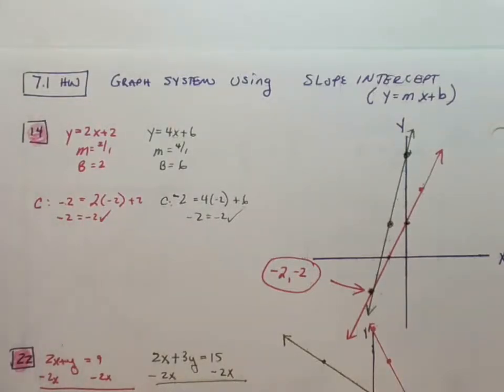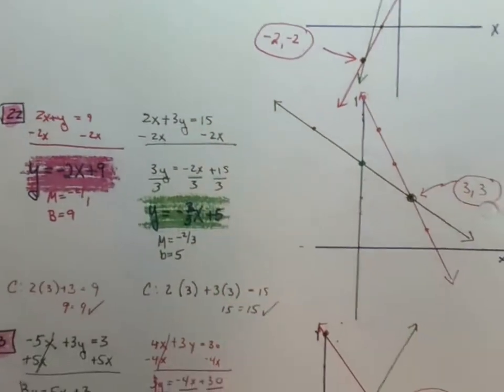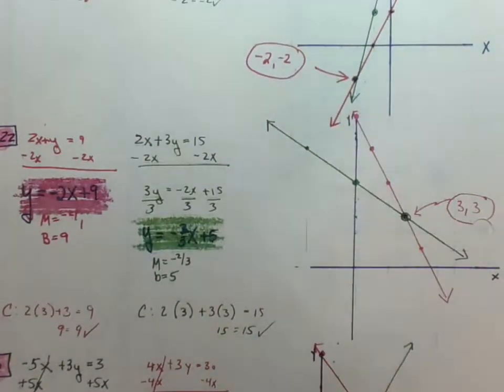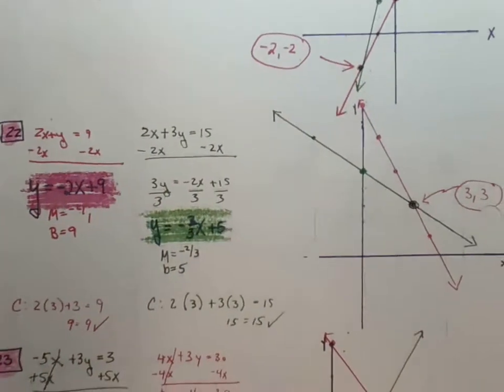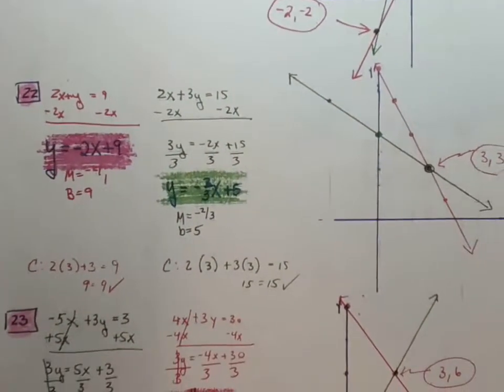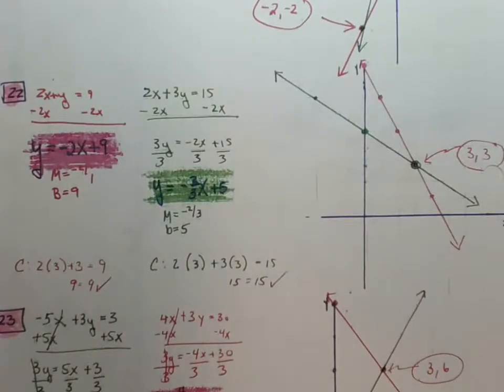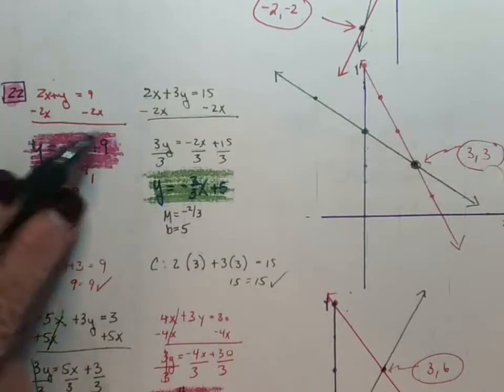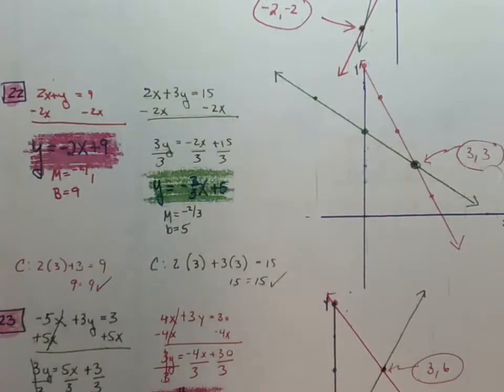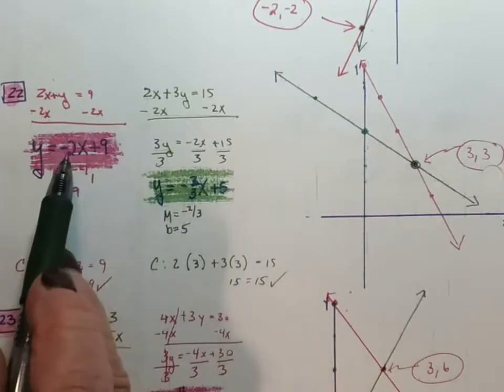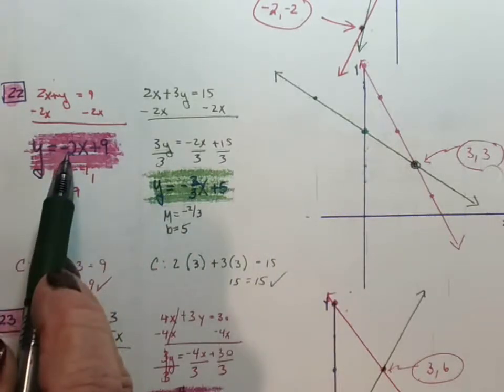The next problem is 22. Give you a moment to look this over. First thing you had to do is put both of these equations into y equals mx plus b. Then you graph this one.